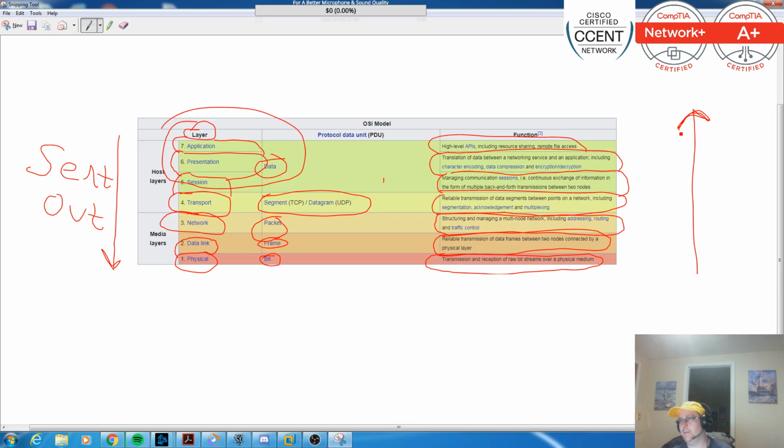Physical layer, so it's coming up off the line. The easiest way to remember this is that it's going out of the PC or out of the server or whatever you want to call it. It's going out of it, so it's going to flow down. Then it's going to hit the line. Remember, the physical layer is the line or cable. We can consider this the cable.